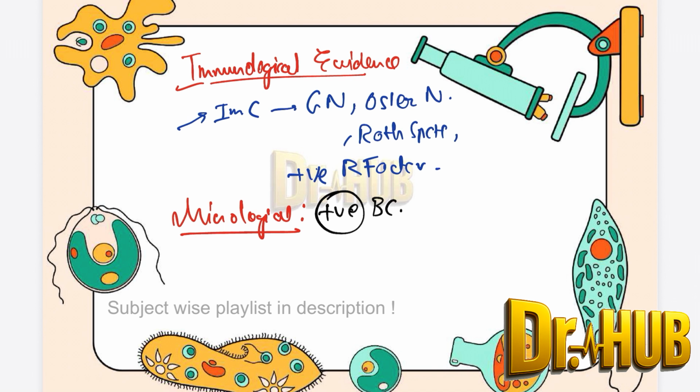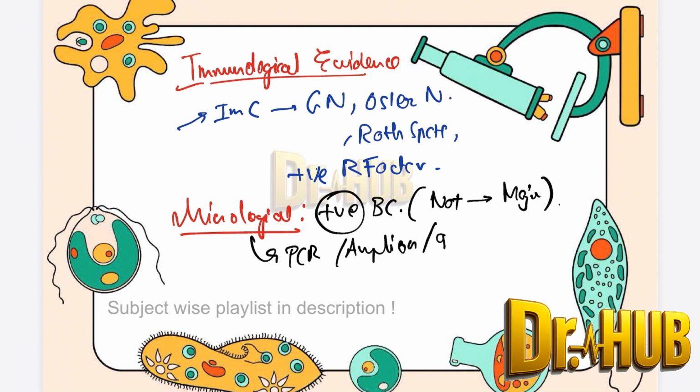The second one is PCR, or amplicon or genomic sequencing evidence of the typical pathogen.